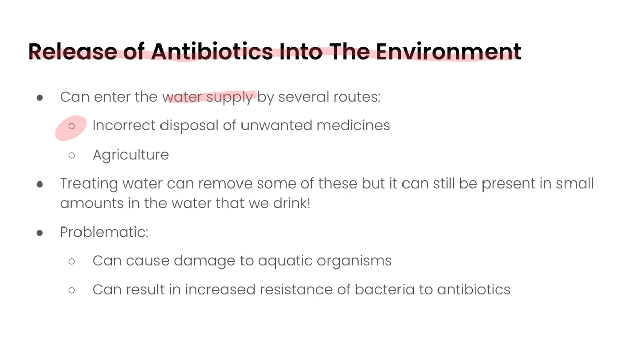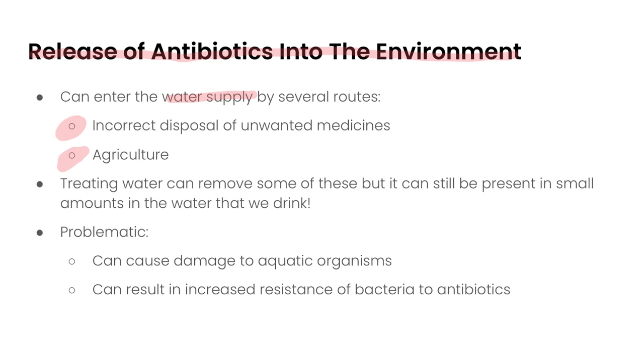Flushing the rest of your antibiotics down the toilet can lead to eventually getting into our water supply. The other way is through agriculture. Antibiotics that are given to animals can then end up in animal waste, eventually finding its way into groundwater, rivers, and lakes, which can then end up in our water supply.